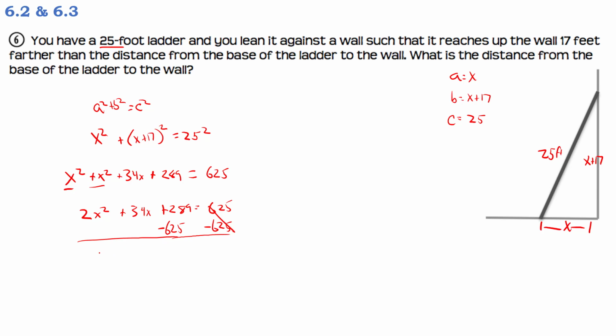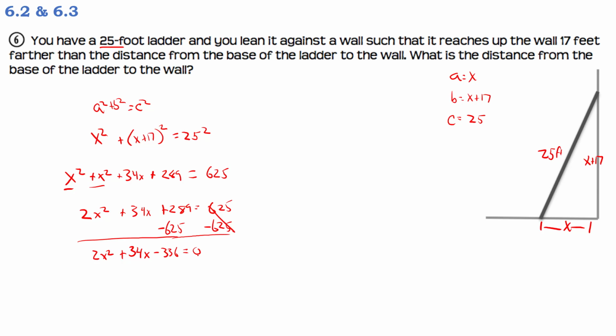Those go away to give us 0. So we're left with 2x squared plus 34x minus 336 equals 0.